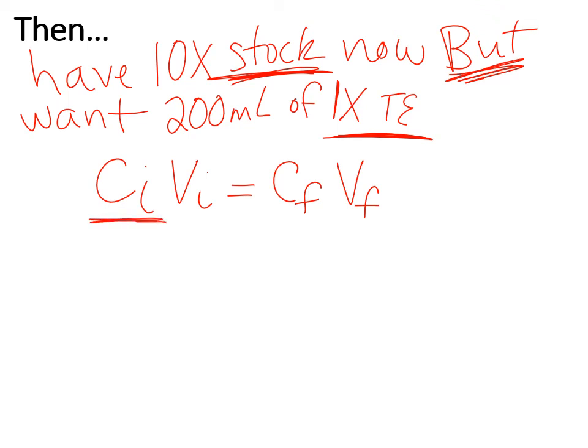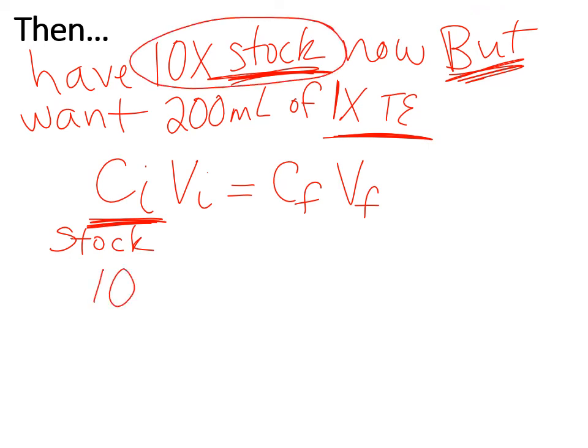So our CI is the stock concentration. So what's our stock concentration? 10x, right? It's always the bigger number. So it's 10x. X is simply a unit that we use in the labs. It's kind of like saying 10 capital M, 10 capital L. It's just a unit, okay? So don't worry about having the X there.